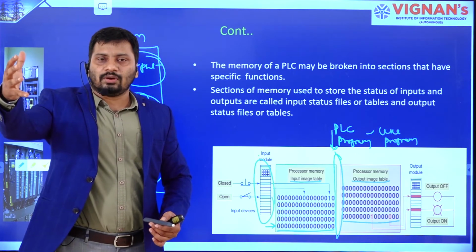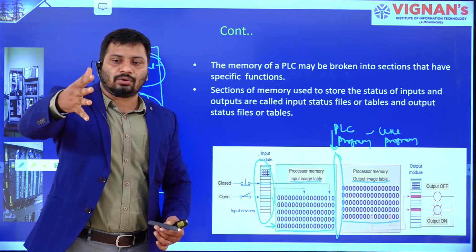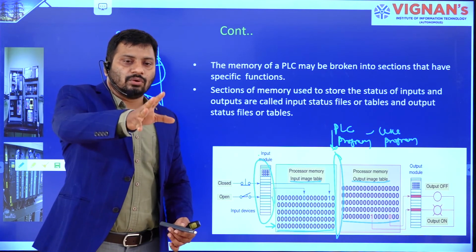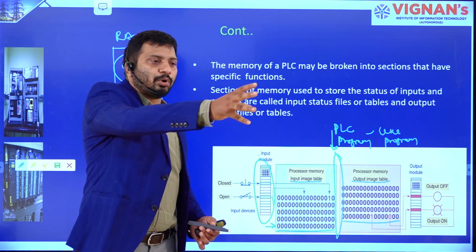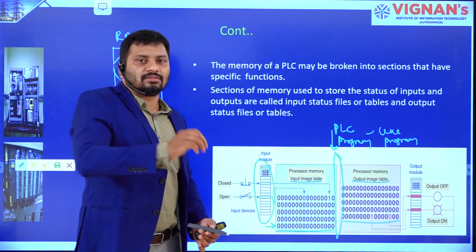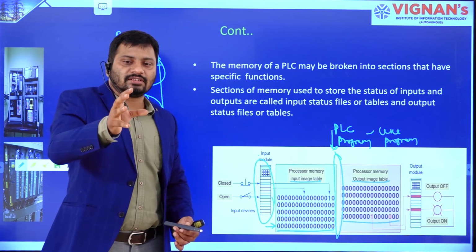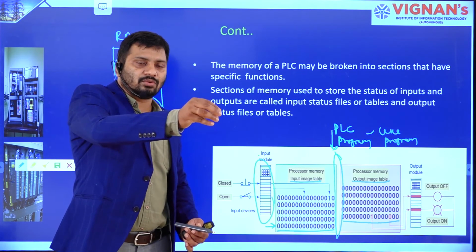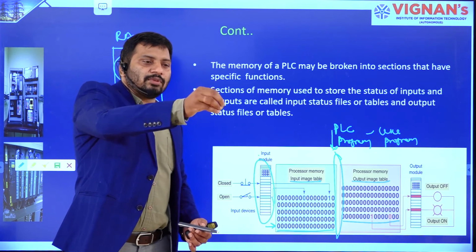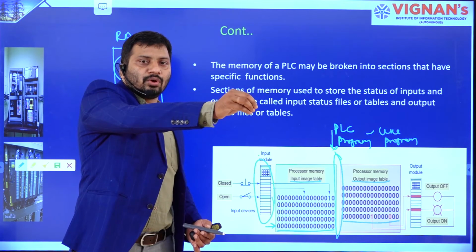First, for example, 16 devices are connected to the input module. Then we have a processor, then the output module, then the output devices. Previously we discussed that input devices provide data to the input module. From the input module, data goes into the CPU. From the CPU, data goes out through the output module.